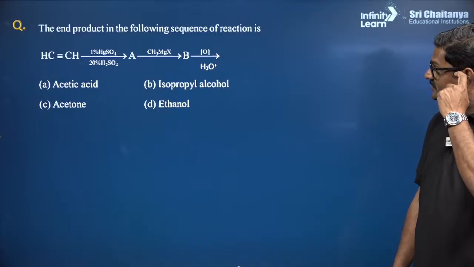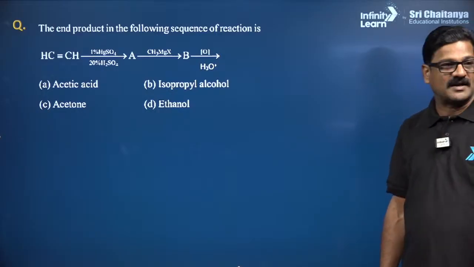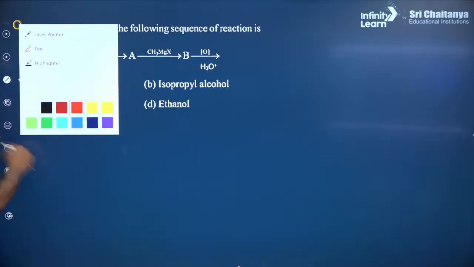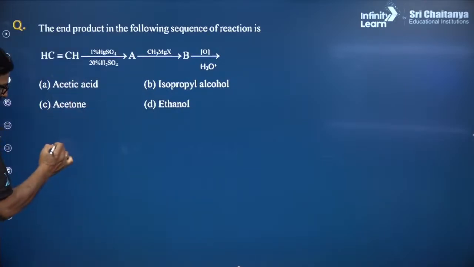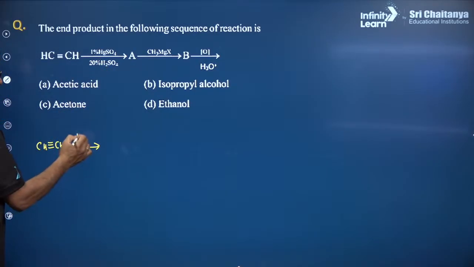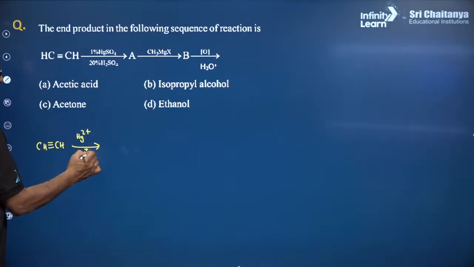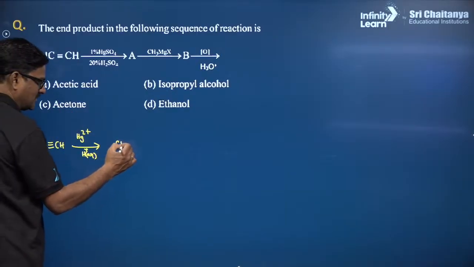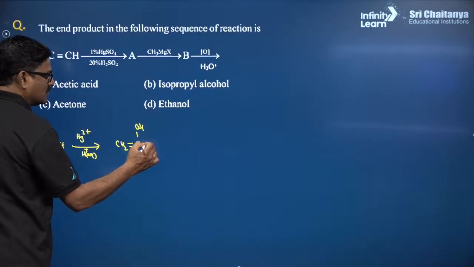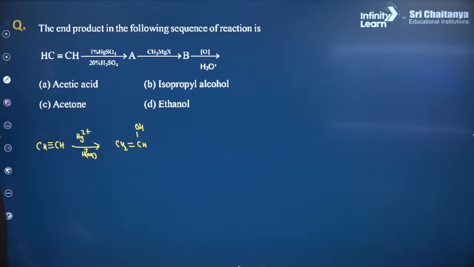The end product in the following sequence of reaction. This is acetylene, CH triple bond CH. When it is treated with Hg2 plus and H plus in the aqueous media, you are going to get CH2 double bond CHOH. So you got your enol form.